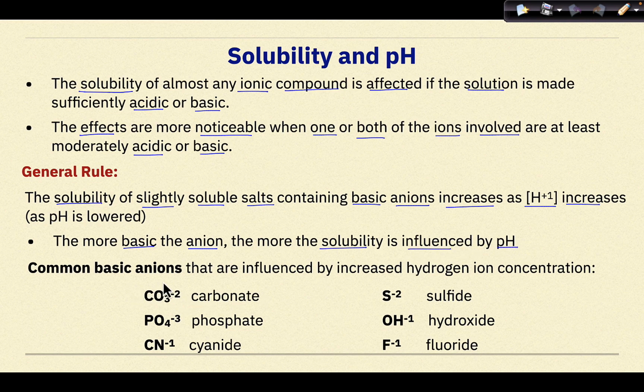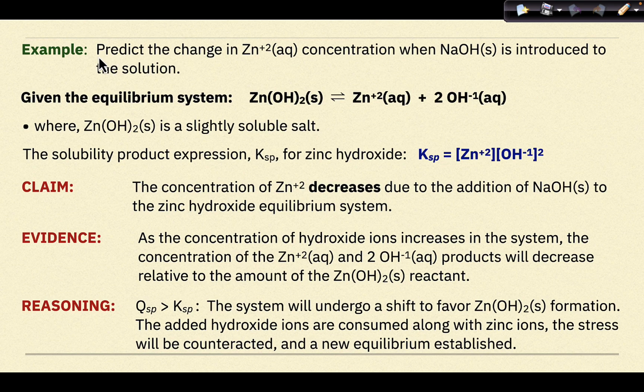Some common basic anions that are influenced by the increased hydrogen ion concentration include the carbonate ion, phosphate ion, cyanide ion, sulfide ion, hydroxide ion, and fluoride ion. Example: predict the change in Zn2+ ion concentration when sodium hydroxide solid is introduced to the solution.